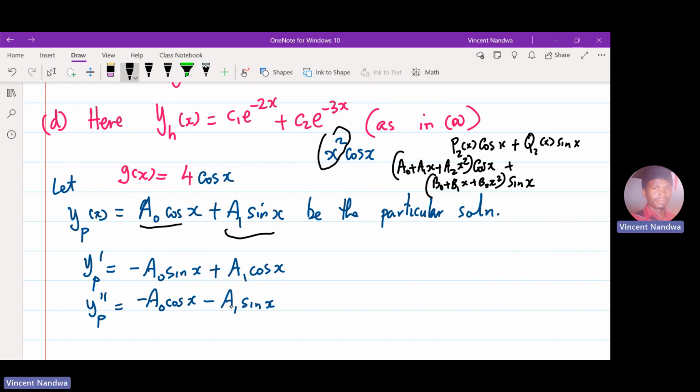And when what is before the cosine is not a constant term, you are given a polynomial multiplied by cosine, so it will be the same structure. You will be inputting a polynomial here and also a polynomial here, where the coefficients of this polynomial are different from the coefficients of the other. And then you can move on. Does that answer your question?